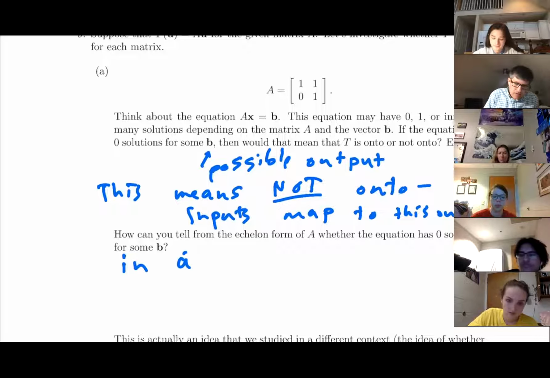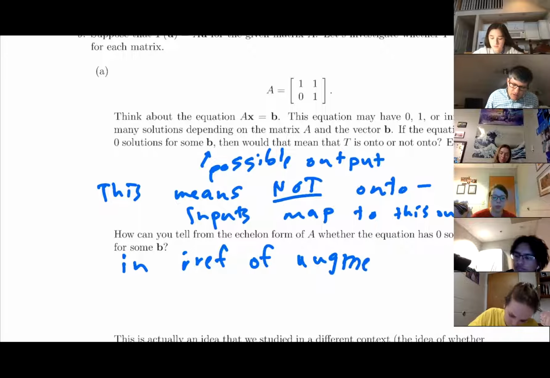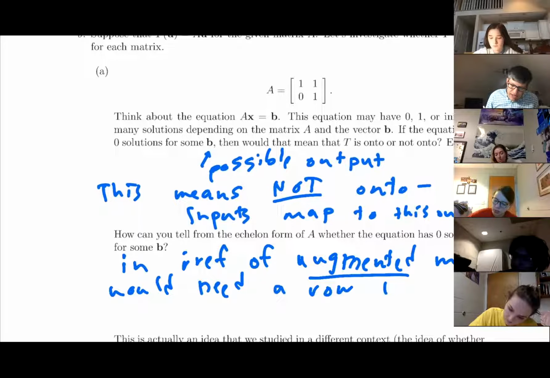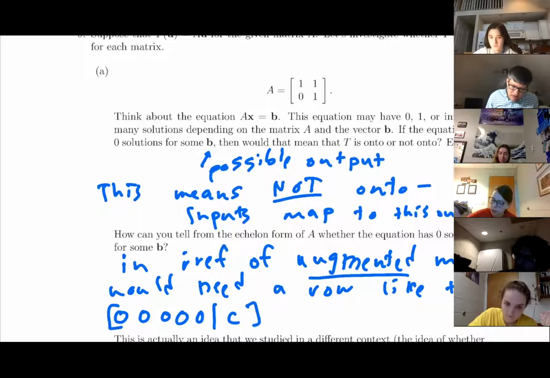So in the reduced row echelon form of the augmented matrix, I would need a row like this: 0, 0, 0, 0, 0, and then something non-zero, C, where C is not equal to 0.